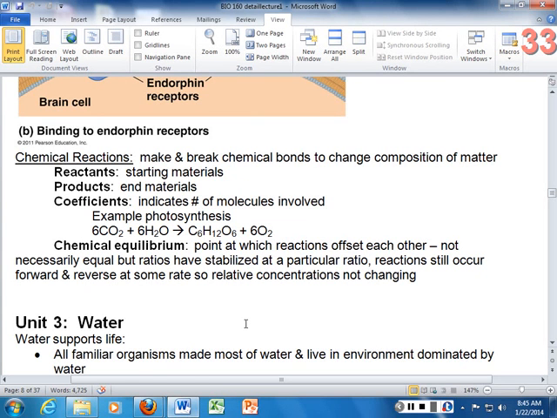If you put more reactants in there, it's going to tend to want to make more products. If you start building up products, it will tend to shift and slow things down. So the speed of a reaction a lot of times is influenced by how much stuff you have. And the equilibrium is just where you have that balanced ratio, which is different for every reaction and under different circumstances.